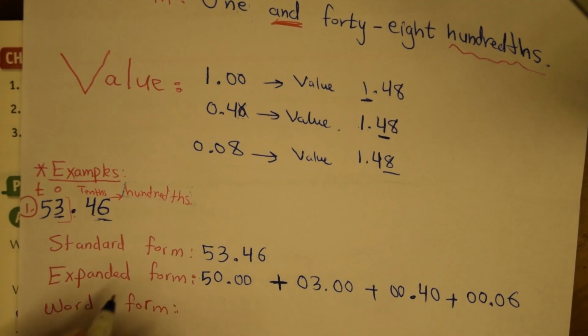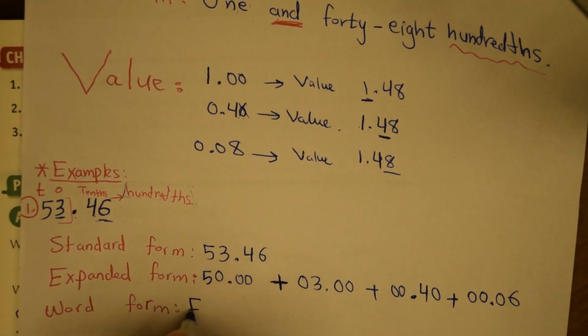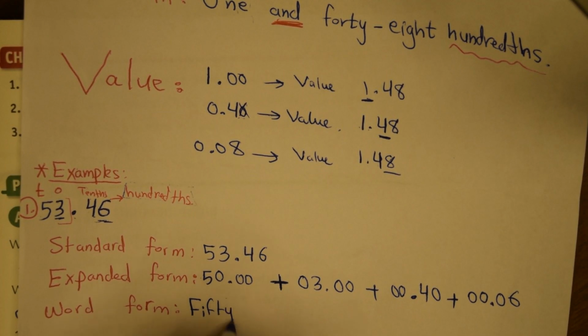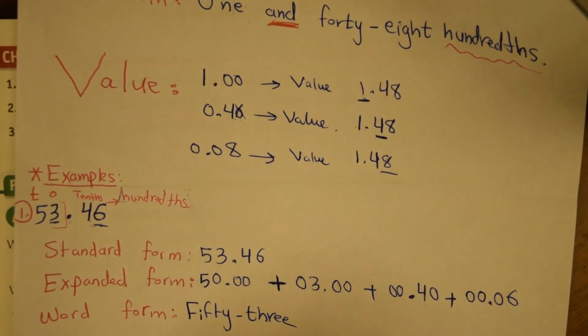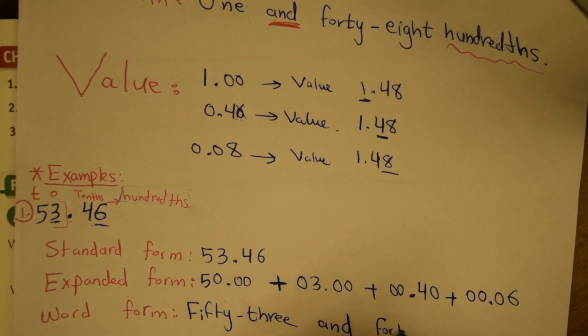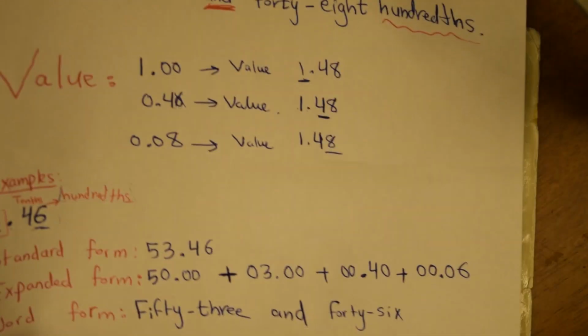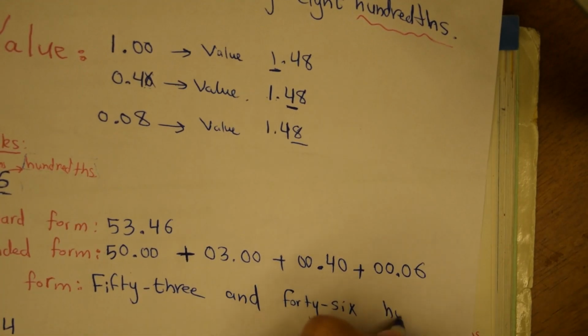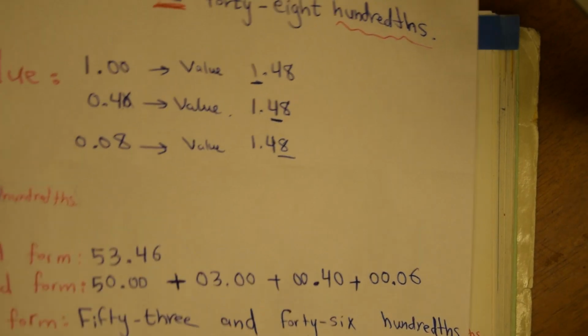So write 53, and for the decimal point we say "and". This number I will read as 46. The last place was hundredths, so I will write here not hundred, but hundredths. THS you will add.